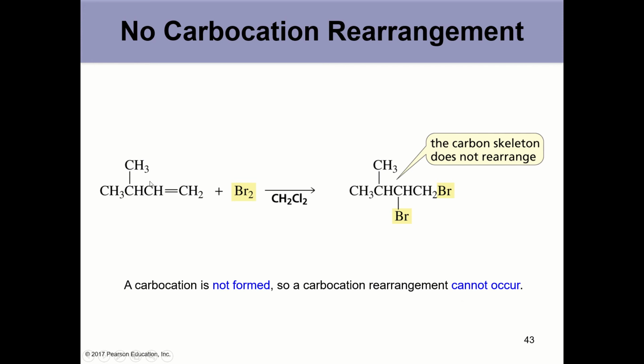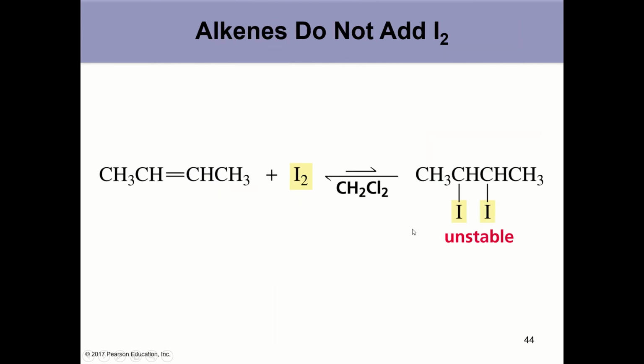For each of the carbon atoms, they will each get one bond to bromine, and that will give us our product. Alkenes do not add iodine in this manner, so I too will not add in this manner. What occurs in reality is that a vicinal diiodide is extremely unstable and will undergo spontaneous elimination of the iodide ions to form the alkene.